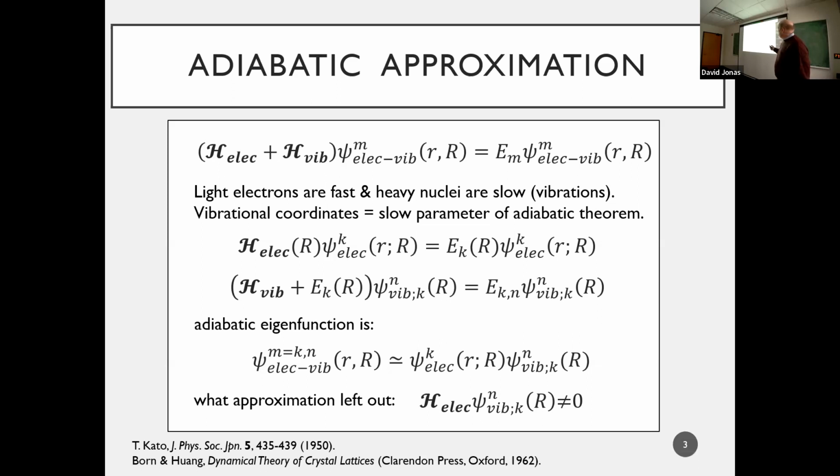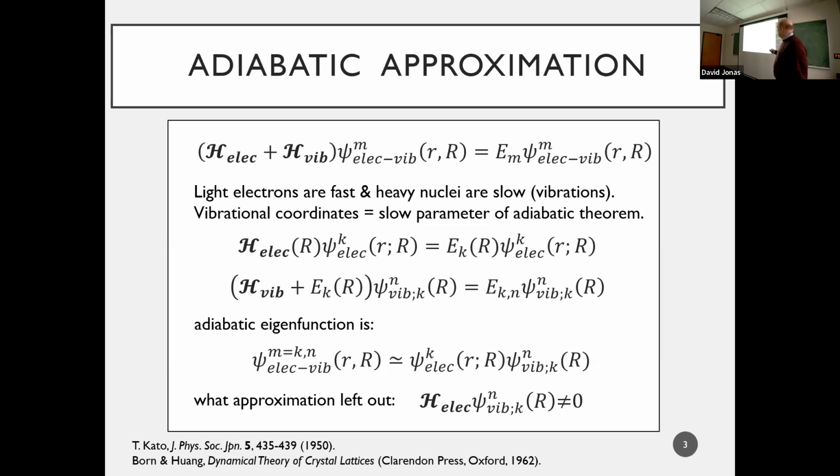They're a function of electronic coordinates and vibrational or nuclear coordinates, and you get overall eigenfunctions. The adiabatic approximation says the light electrons are fast, the heavy nuclei are slow, and we're going to treat the vibrational coordinates as the slow parameter in the adiabatic theorem.